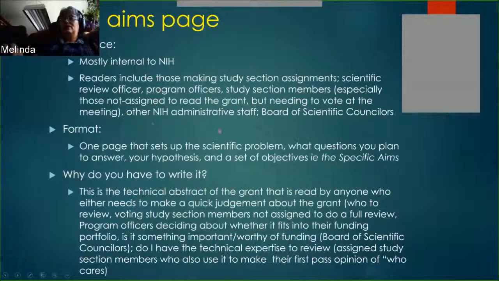Also, other NIH administrative staff get this, as well as a group of people called the Board of Scientific Counselors. All NIH grants are actually reviewed twice. They're reviewed by study section, and then the grants that are basically recommended for funding by the program officer are also reviewed by the Board of Scientific Counselors.